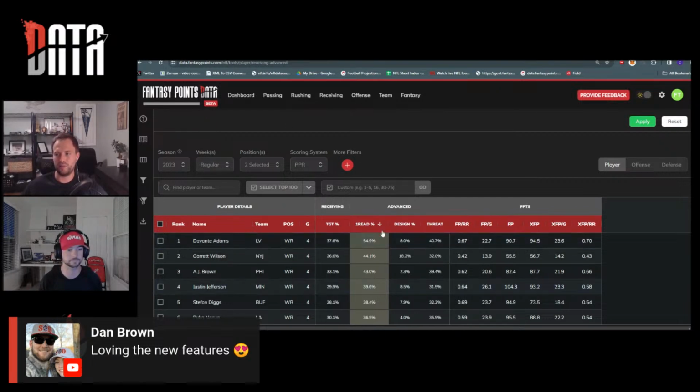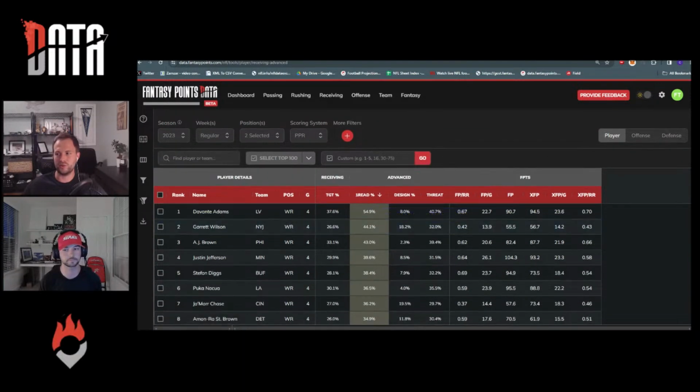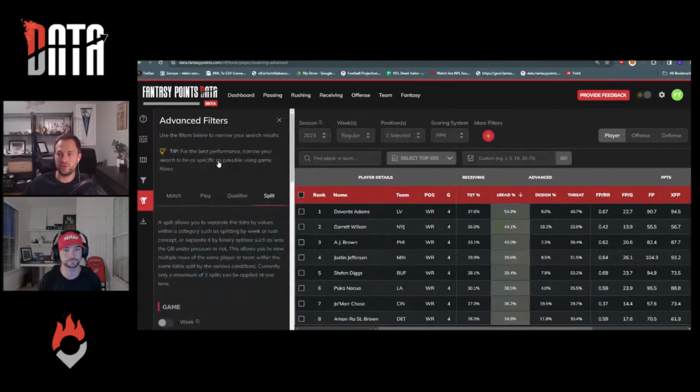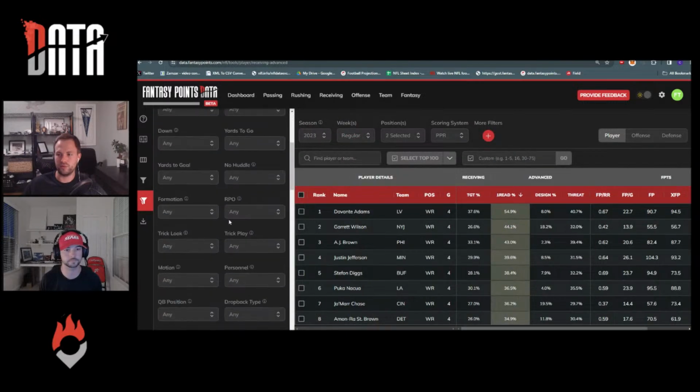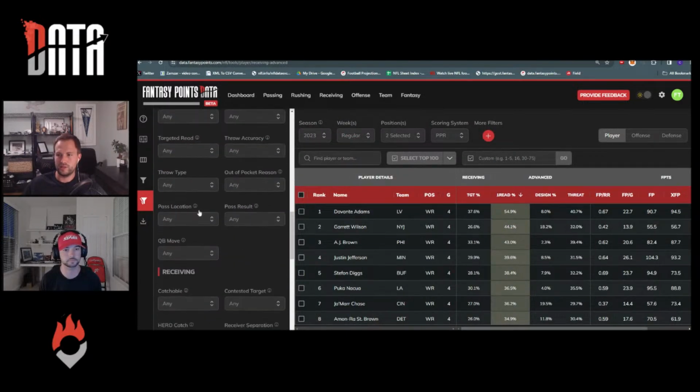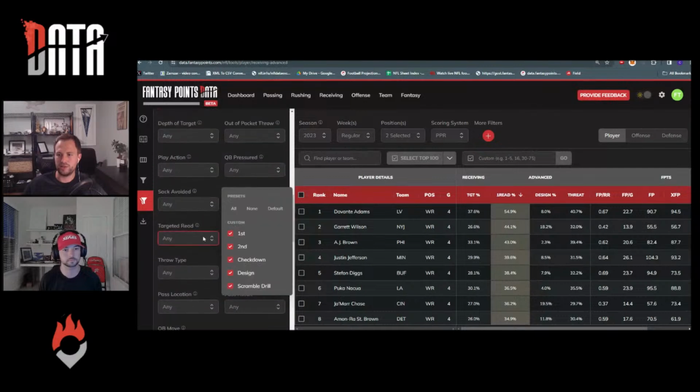So first read is how often the team is looking to throw this way. This design percentage is the percentage of targets from design plays. So 8% of Davante Adams' targets come on design plays. And then in the filters, if you wanted to filter for a specific type, you would go under passing targeted read and you could turn on and off certain ones.